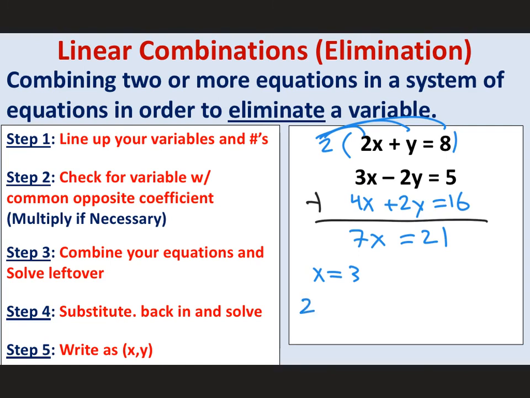So I get 2 times 3 plus y equals 8. 2 times 3 is 6. 8 on the other side, subtract the 6 over, you get y equals 2. We now know x, we now know y, we can write our final answer as an ordered pair, (3, 2).